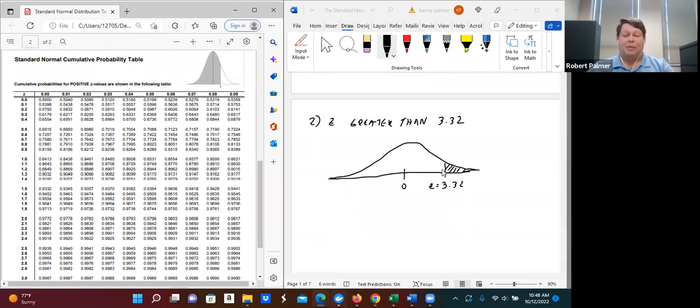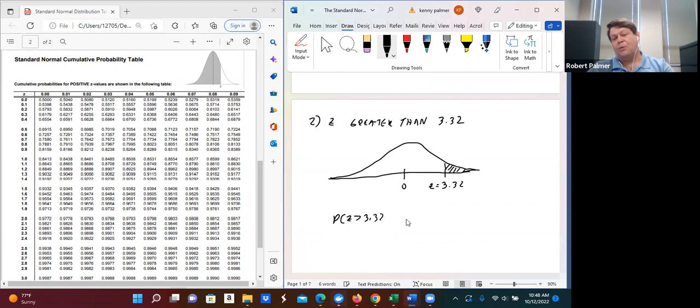Basically, use the idea of complements. What's to the right of this is the complement of what's to the left. So the probability that z is greater than 3.32 is the same as 1 minus the probability that z is less than 3.32.